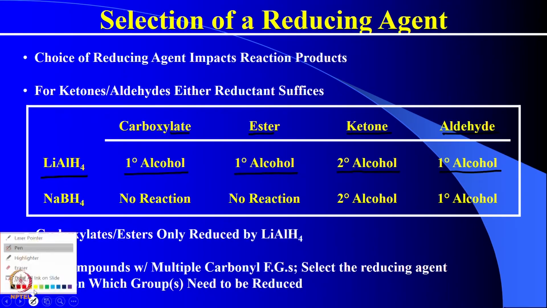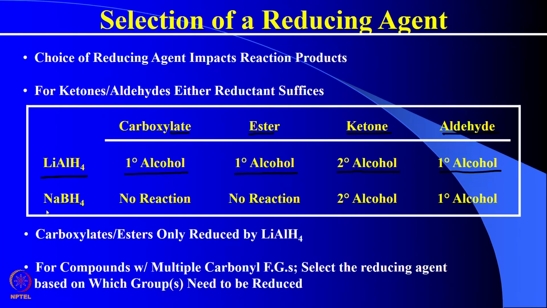But if we take sodium borohydride as a reducing agent, which is known as a milder reducing agent, it does not reduce carboxylic acid, it does not reduce the ester, but it is capable of reducing the ketone to 2 degree alcohol, and it can reduce aldehyde to 1 degree alcohol.